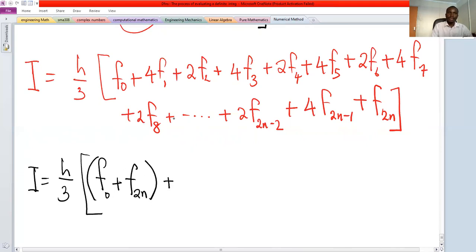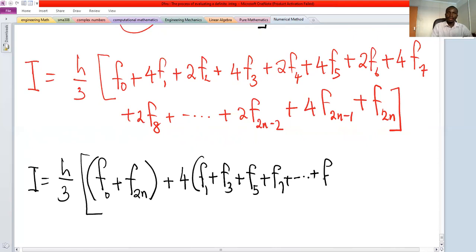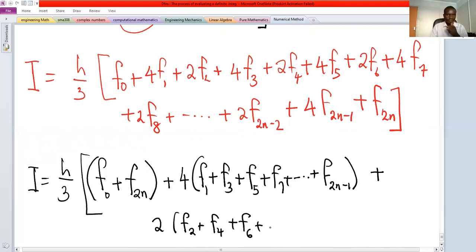And then plus, you see we have 4 into f1, f3, f5, f7, all the way up to f2n minus 1, and then plus 2 into f2, f4, f6, f8, all the way up to f2n minus 2.